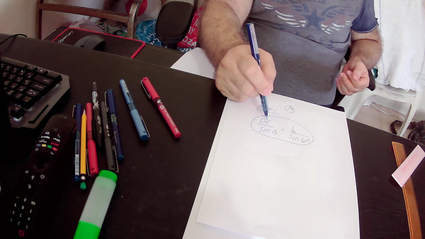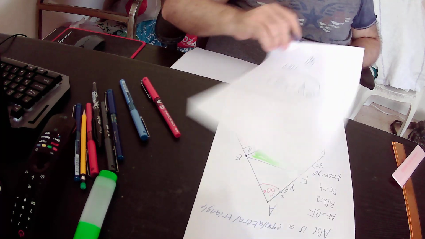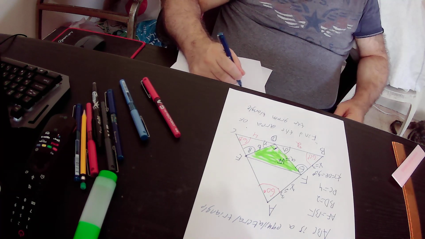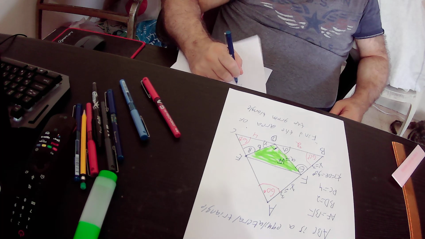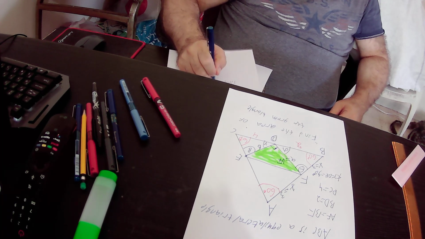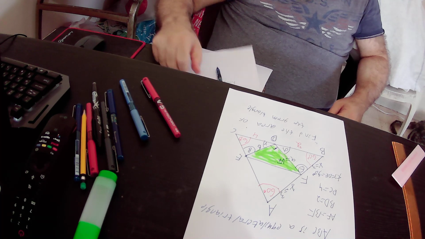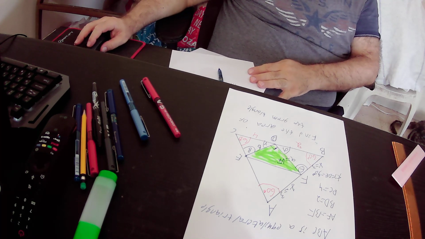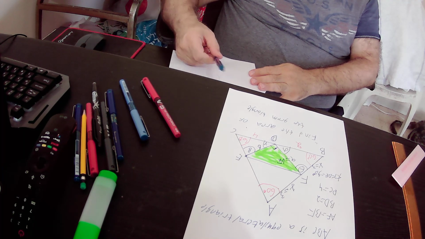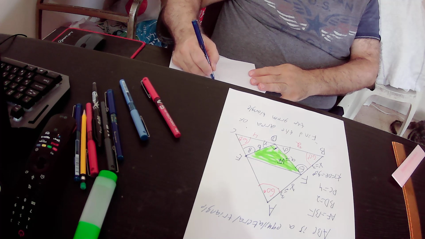we'll substitute DC. DC equals 4 units over sinus beta equals b over sinus 60 degrees, which is root 3 over 2.